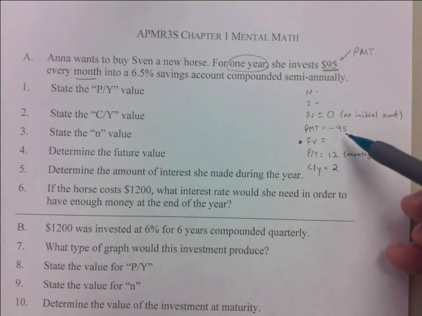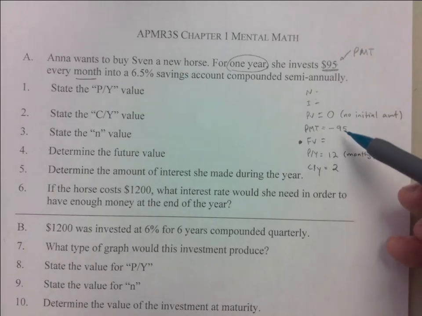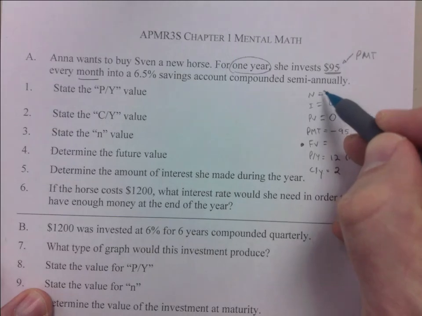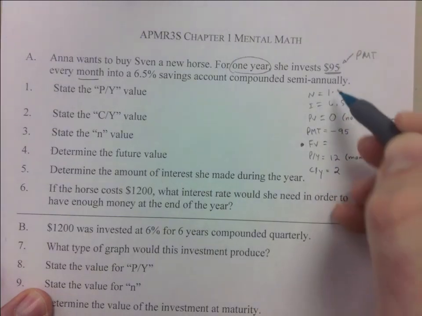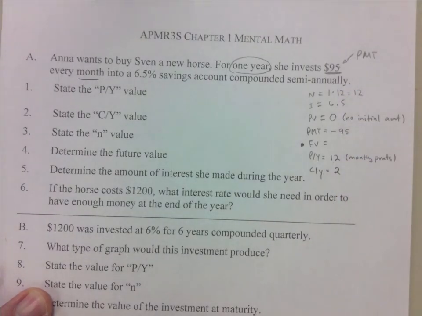So if it doesn't say explicitly, we think it's 0. You start with 0, you open your account, and then they set it up that $95 goes in there every month, okay? Interest rate is 6.5. N is 1 times whatever PY is, so that's 12. And now we have everything we need to solve.